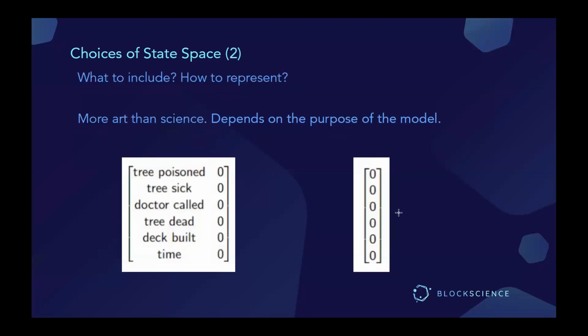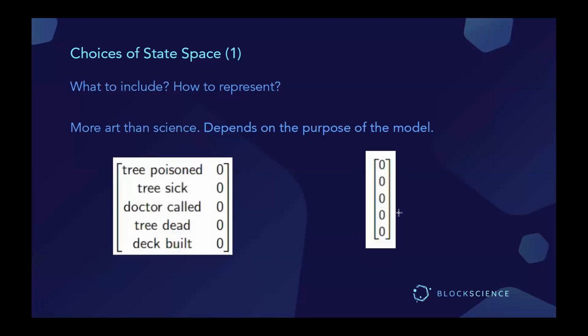I have a question. Interestingly, my intuition would have been to go with a finite state machine, which is slightly different from a bunch of bits, because you could have the state where the tree is not poisoned, not sick, you have the doctor called, the tree dead. This collection of things has a non-trivial collection of combined states that it could be in.